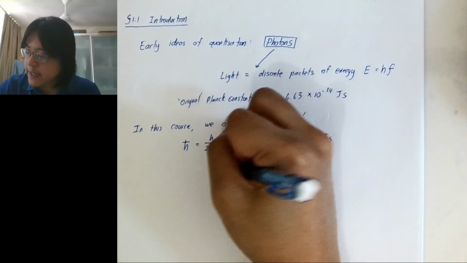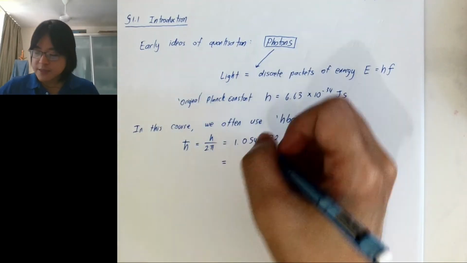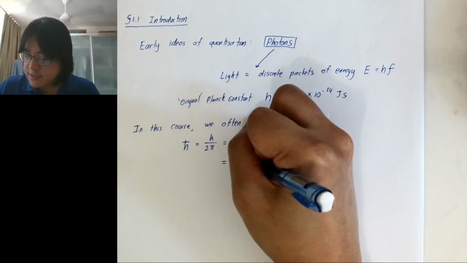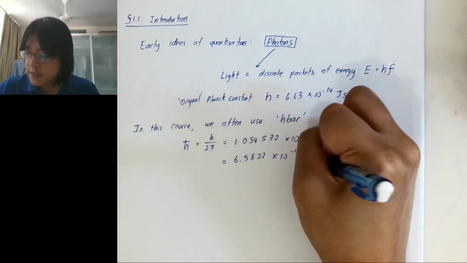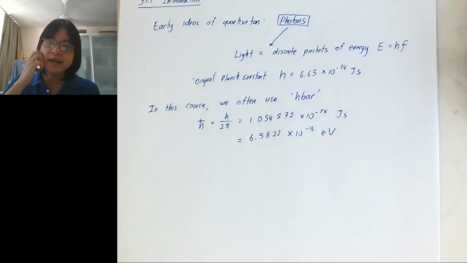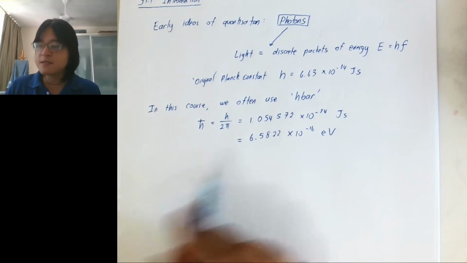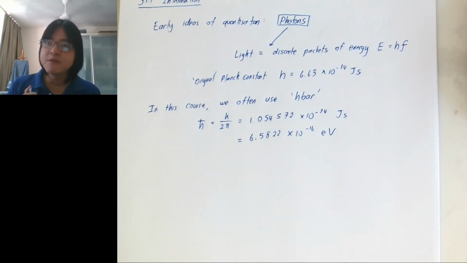In atomic experiments, most often people use electron volt units. So in electron volts, it is 6.5822 times 10 to the minus 16 electron volts. Also, unlike year 1 courses, we will seldom use a calculator now. Most of the time it's pure calculation.